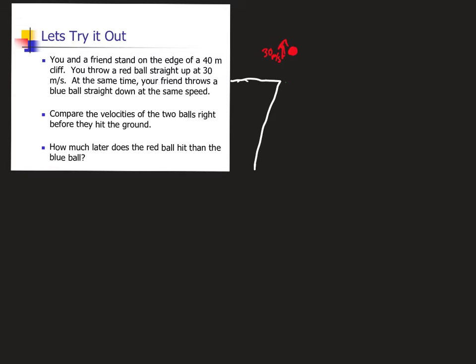The distance of the cliff to the bottom is 40 meters. Now the blue ball gets thrown down at 30 meters per second as well. Compare the velocities right before they hit the ground.